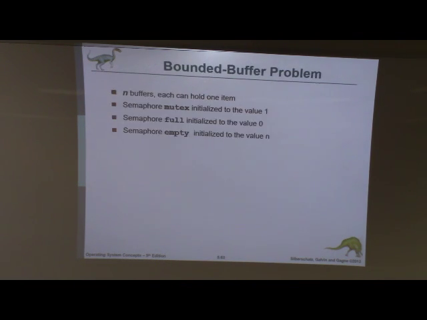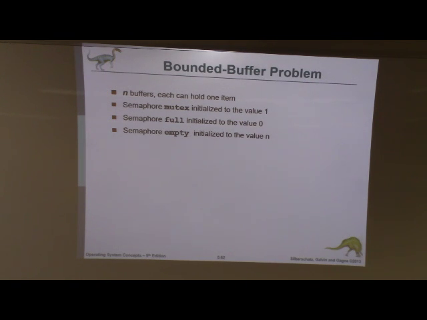So we are going to define n buffers, where each buffer holds one item, for example, which means we can use a reference or a pointer for each item. Anyway, it's one item. So we are going to have 3 semaphores in this case. One is the mutex. Mutex is 0 or 1.